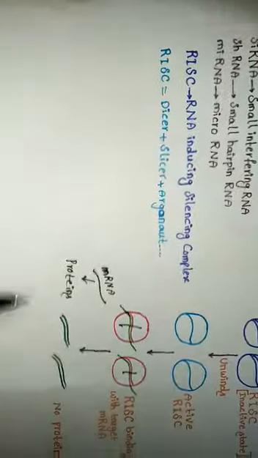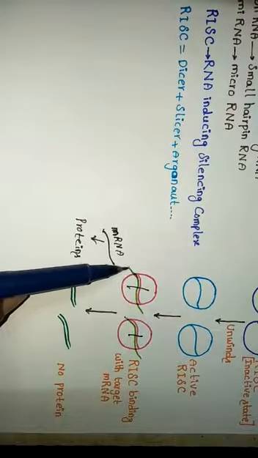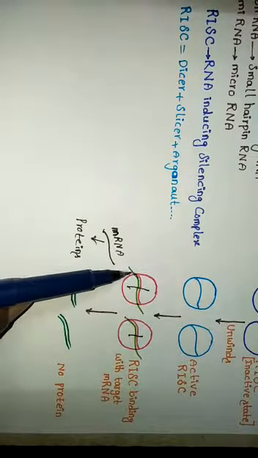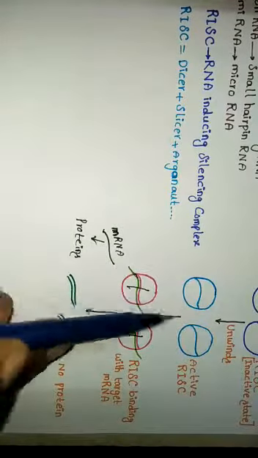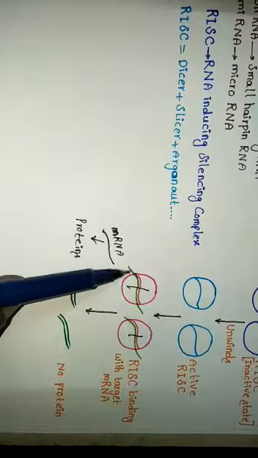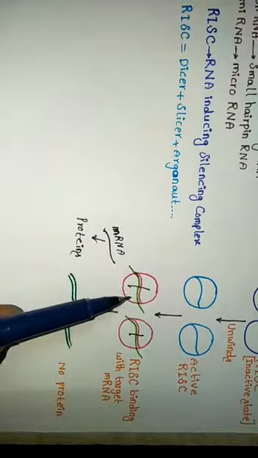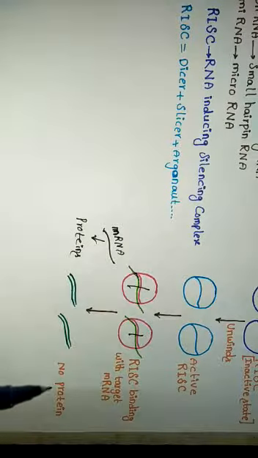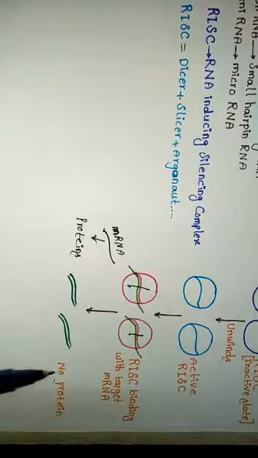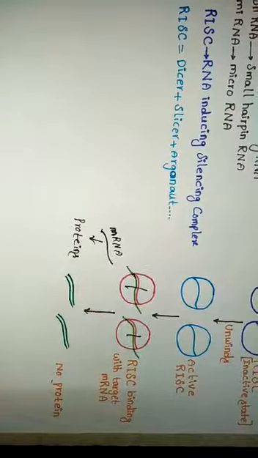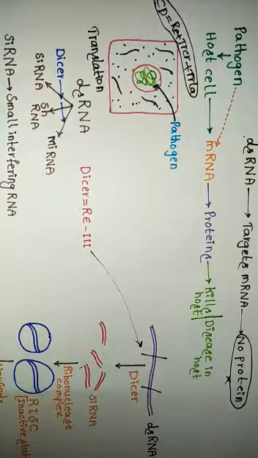So, not to leave this pathogenic mRNA alone, the activated RISC binds with this mRNA so that translation does not take place. No protein synthesis takes place, no proteins are produced in the host cell, so the cell remains healthy.